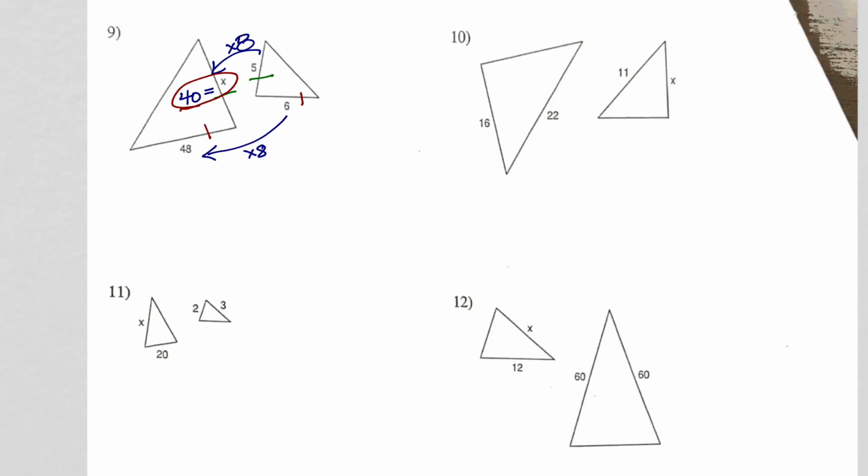In number 10, it looks like 22 and 11 are corresponding sides, and 16 and x are corresponding sides. I like this one too for my mental math because I know 11 times 2 is 22. So something times 2 is 16. Well, that must mean x equals 8.